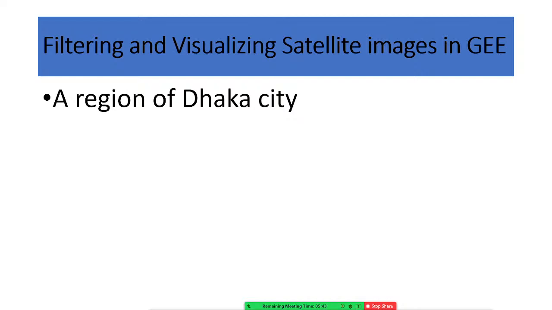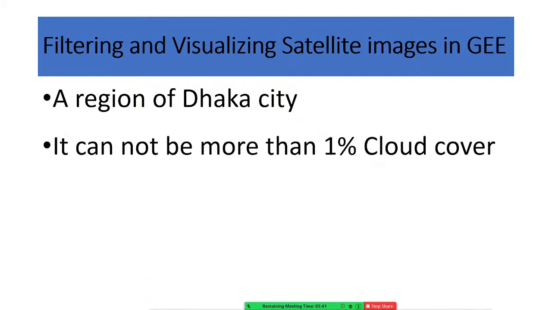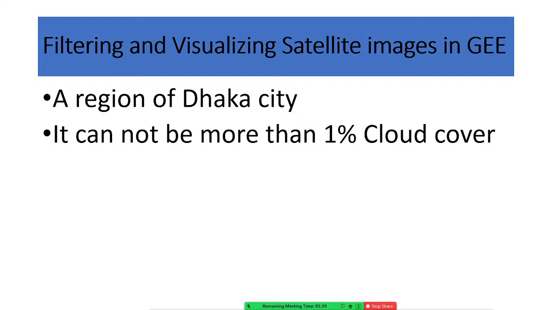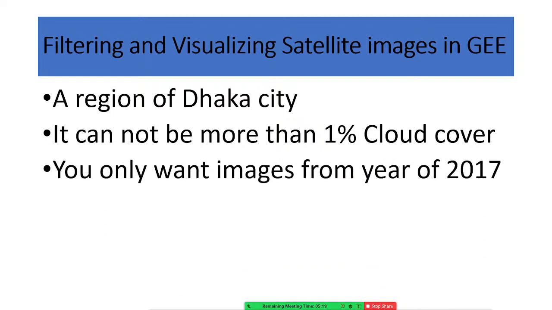The next factor is that I want only those images which have no more than 1% cloud cover. This is another factor for filtering. Finally, I want only a specific time period of images.